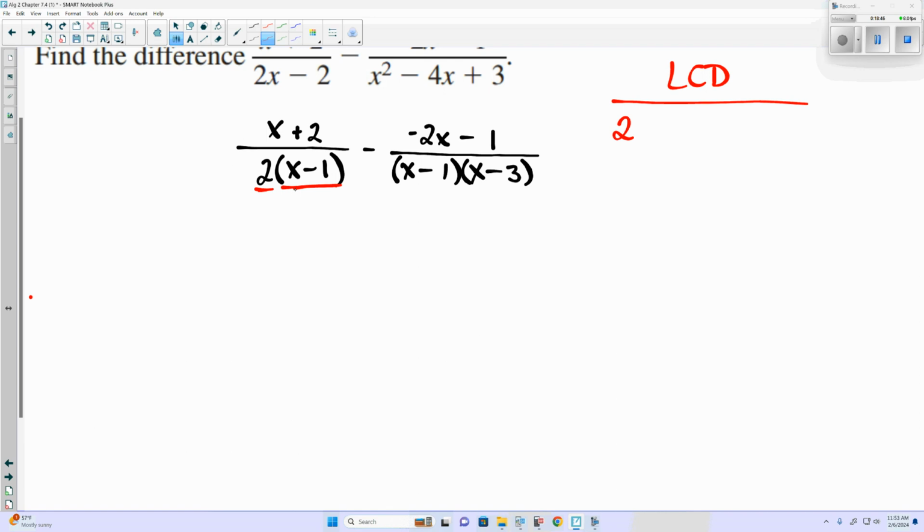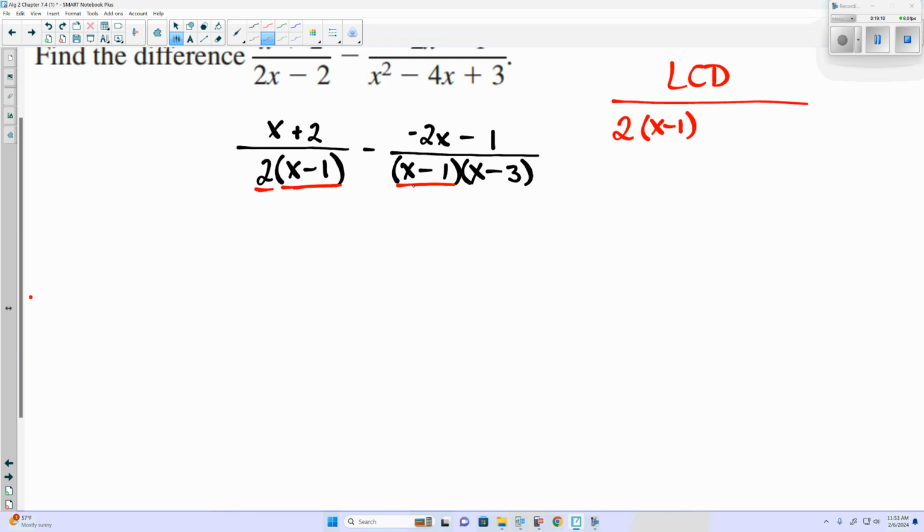So our least common denominator should have it only once. The only way we'd have it more than once is if one of them had it twice. Because if there was an x minus 1 that showed up twice in one of them, then we would need it twice. Because it only shows up once, we only need it once. Well, that takes care of everything on the left for least common denominator.